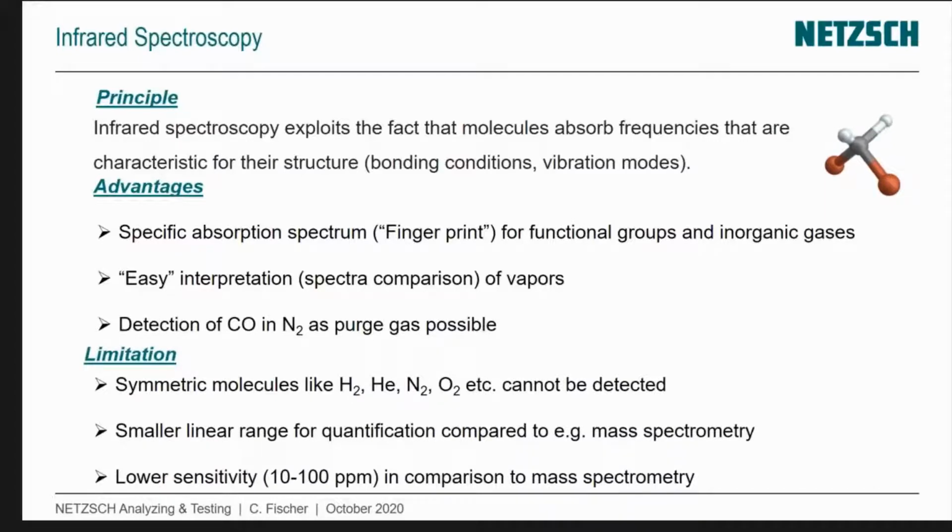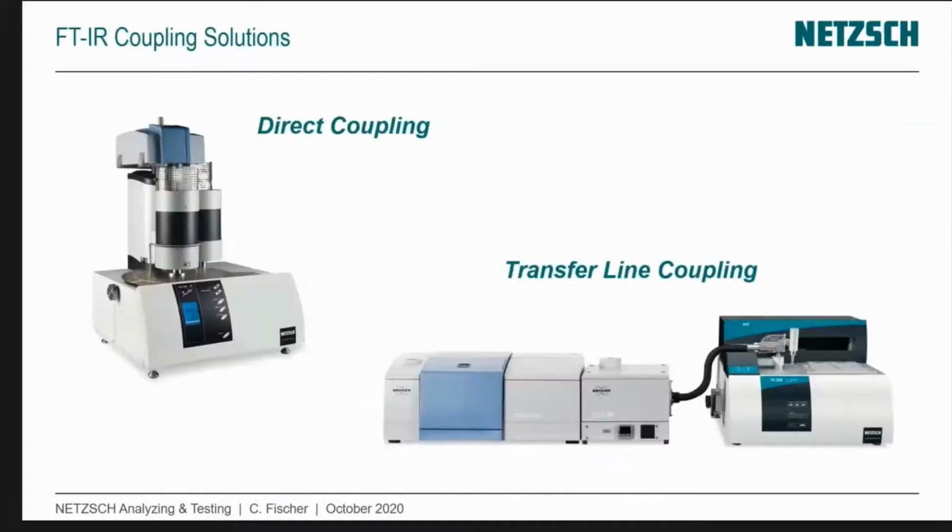On the other hand, homonuclear molecules and noble gases cannot be detected. Compared to mass spectrometry, the FT-IR technique has a smaller linear range and lower sensitivity. The detection limit is between 10 and 100 ppm. NETZSCH can offer two different solutions for FT-IR coupling.